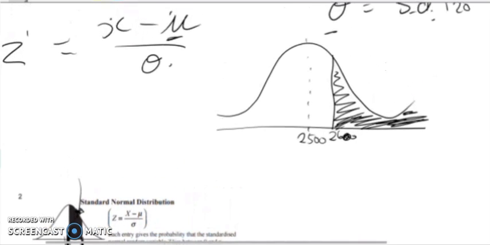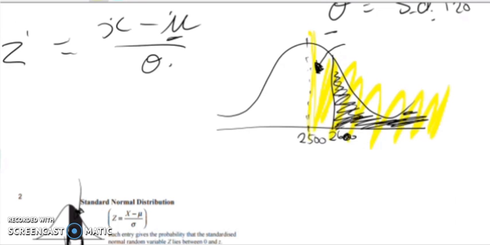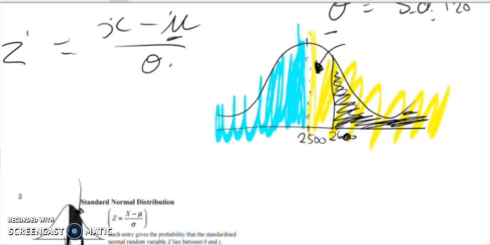Looking at our diagram here, we want this probability, but the table is going to give us this value in here. So now we have to remember the basics of a normal distribution, and that is that it is symmetrical about the mean. So this here is a half, and this here is a half.